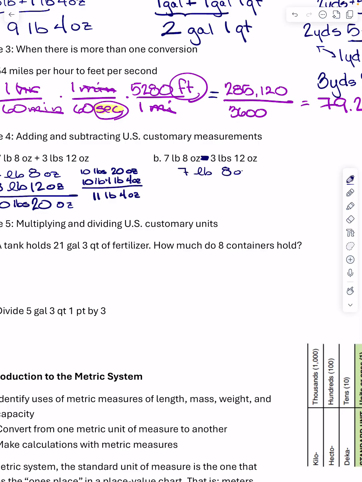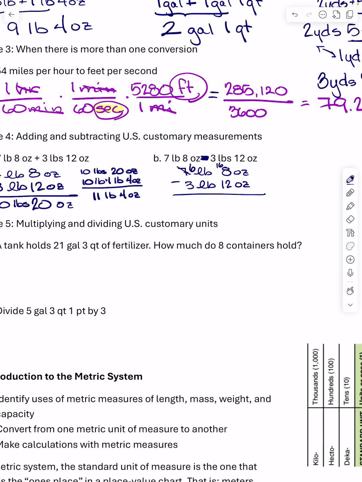If we need to subtract, again, I'm working with the smallest unit of measure. Now, I cannot take 12 ounces away from 8. So I am going to regroup one of these pounds. That leaves me with 6 pounds. Keep in mind, though, that's 16 ounces.